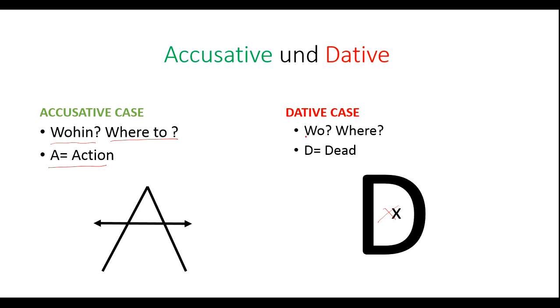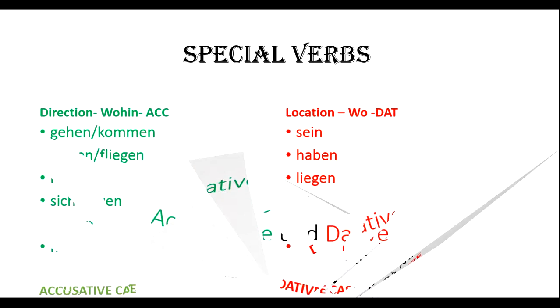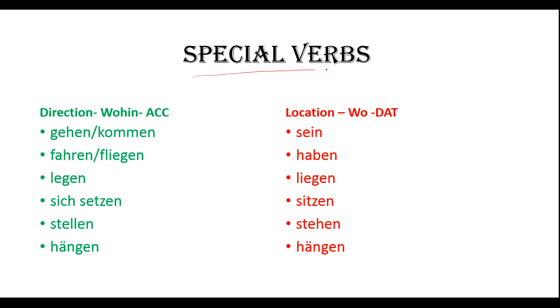Let's see with examples in the verbs. These are the special verbs. This side follows the accusative case. This side follows the dative case. Wohin, accusative. Gehen, to go. Kommen, to come. Place change. Fahren, fliegen, place change.